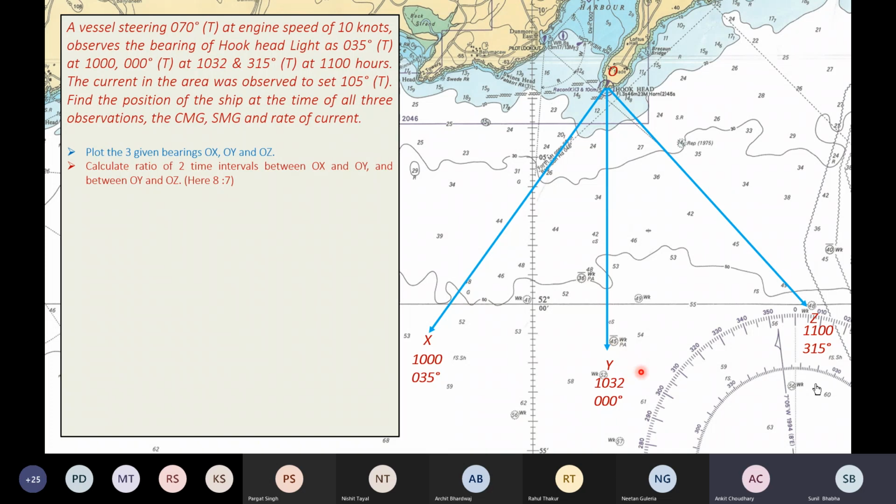And the time interval between second and third bearing, which is 1032 and 1100 hours, is 28 minutes. So 32 minutes is to 28 minutes. That gives us a ratio of 8:7.